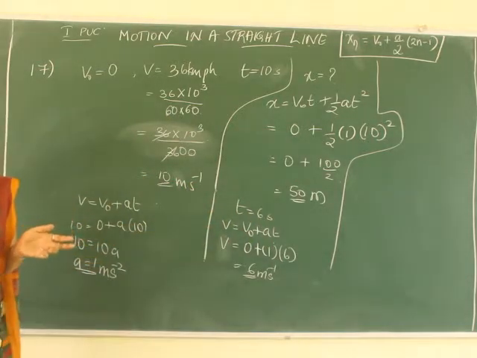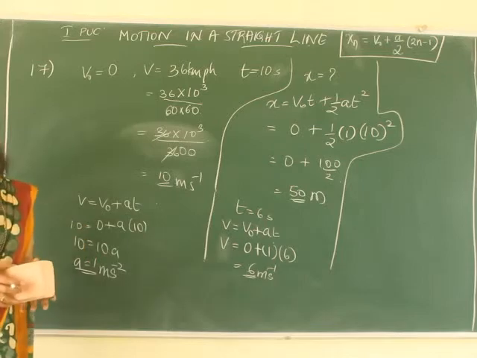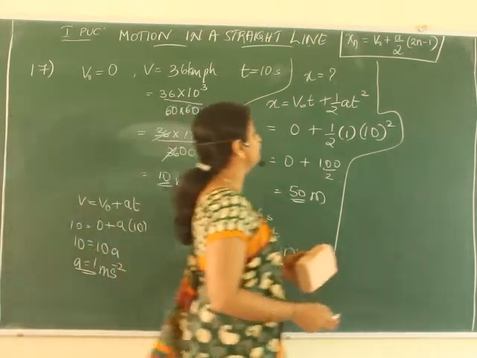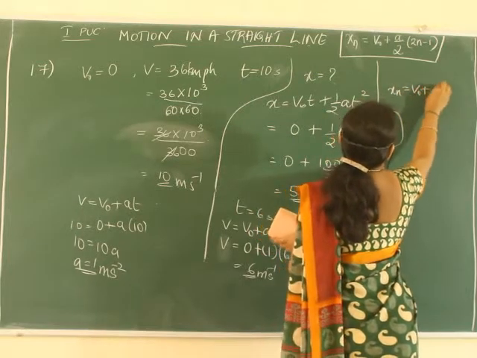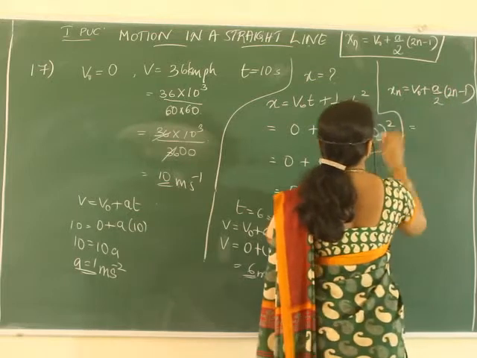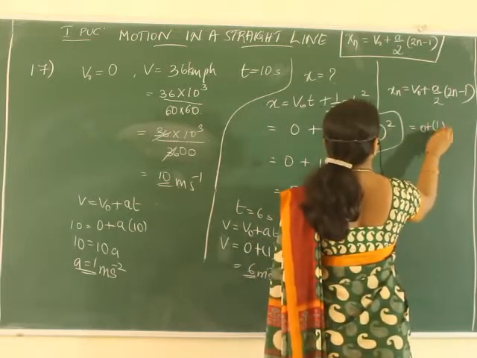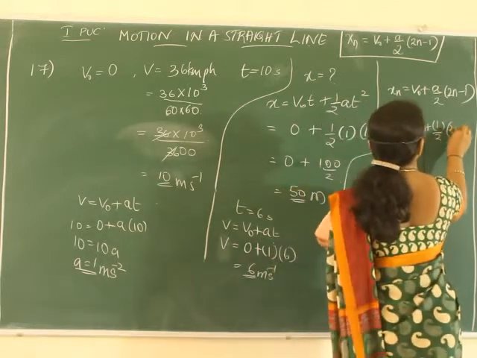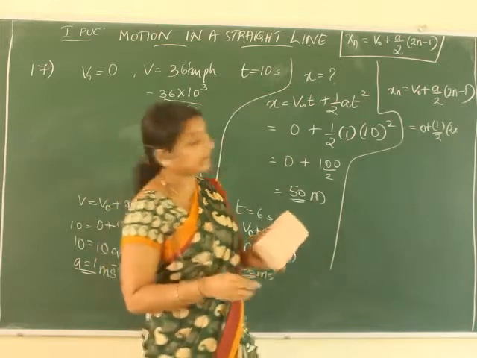So now when I use that formula, what is the answer? Did you try that formula? Substitute. V naught, initial velocity, is 0, acceleration is 1, 2 into, which second is it? 6th second, correct?